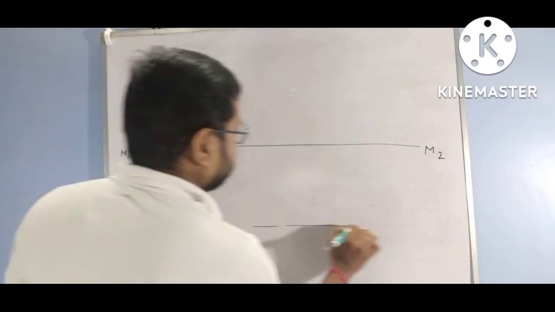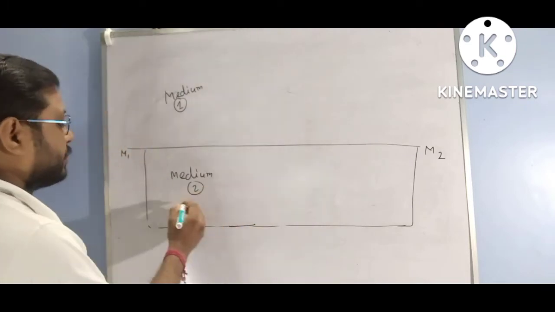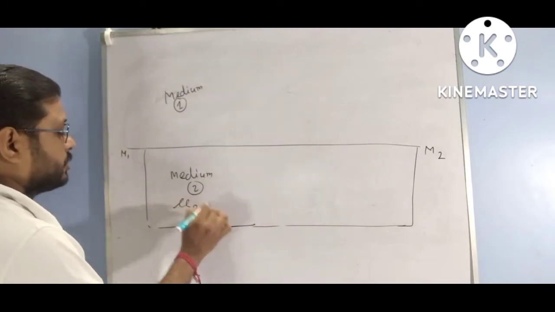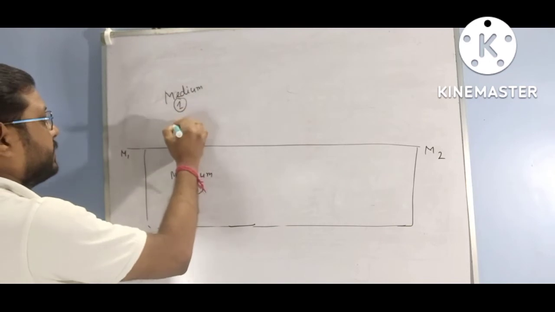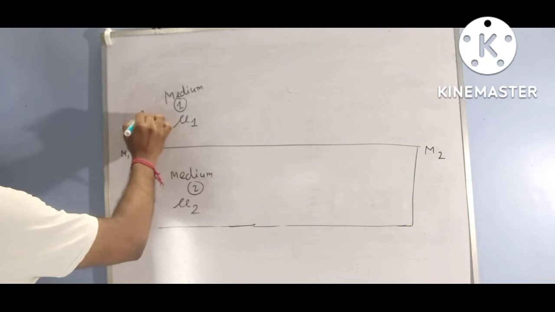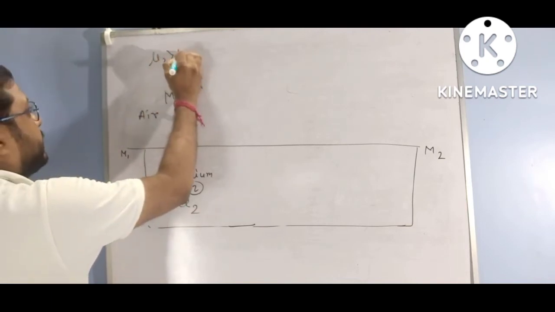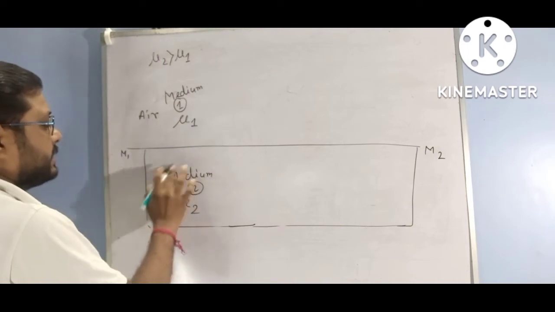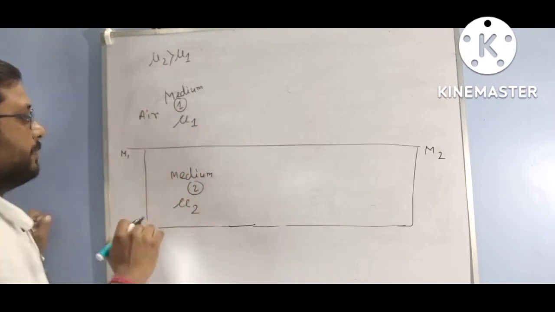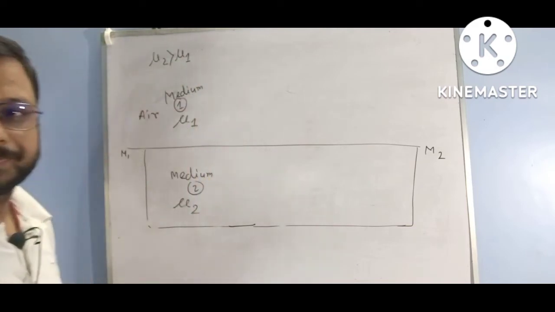Suppose this medium is water with refractive index mu2, and this medium is air with refractive index mu1, and mu2 is greater than mu1. That is, this is the denser medium and this is the rarer medium. Medium 2 is denser, medium 1 is rarer.